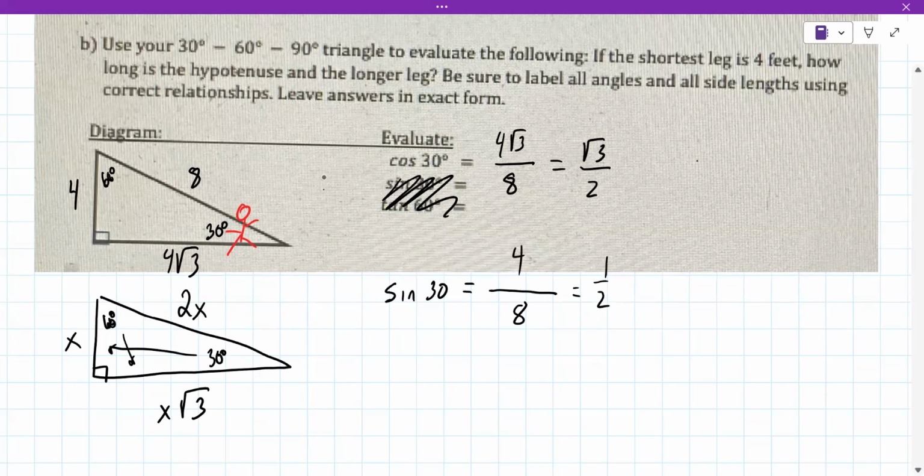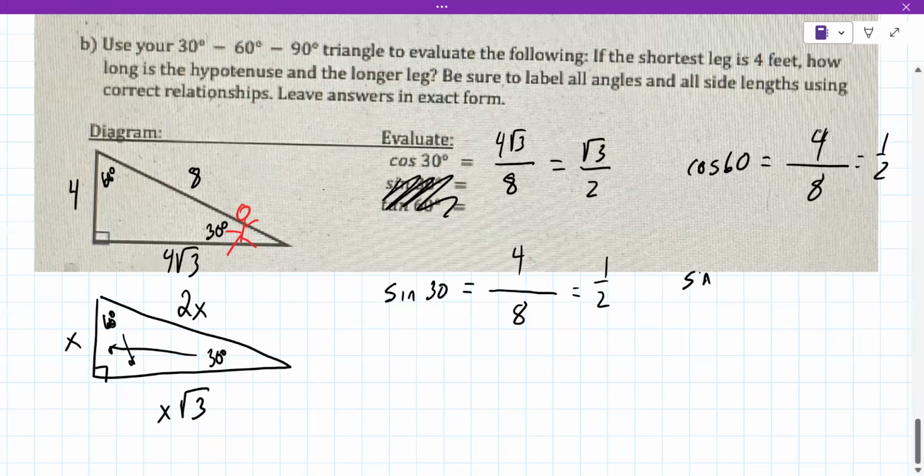Now I want you to do cosine of 60 for me, which means you're going to switch where you pretend you are. You're up at the top. That's how you figure out where you're looking. So cosine of 60 is adjacent over hypotenuse, correct? So that would be 4/8, which is 1/2.